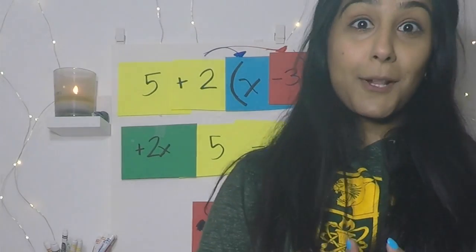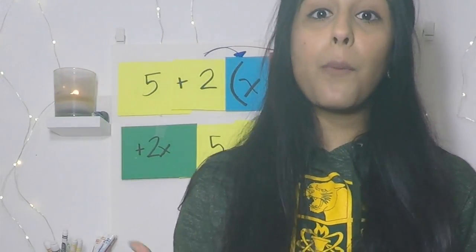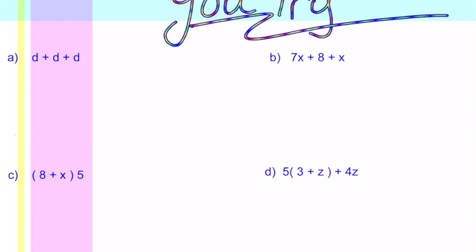So I'm hoping these color coding methods are helping you, and we're going to practice a little bit further. Go ahead. Don't rush. It's okay. It's not a competition. Remember your vocab words. How to combine, how to distribute. Those steps. And if you need to look back at your notes, go for it.